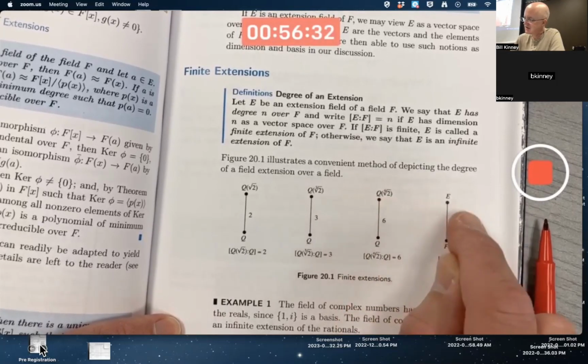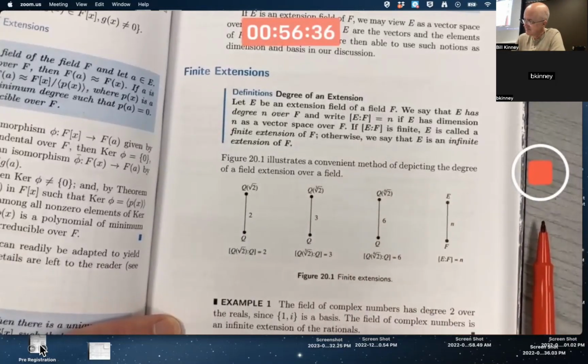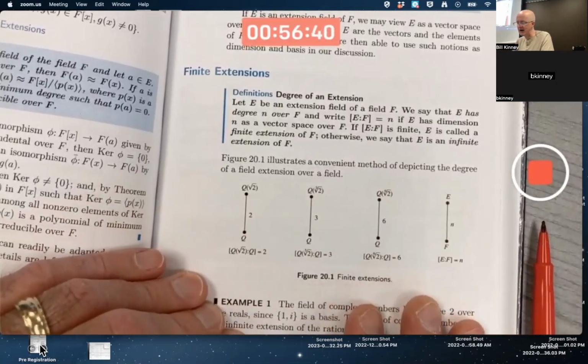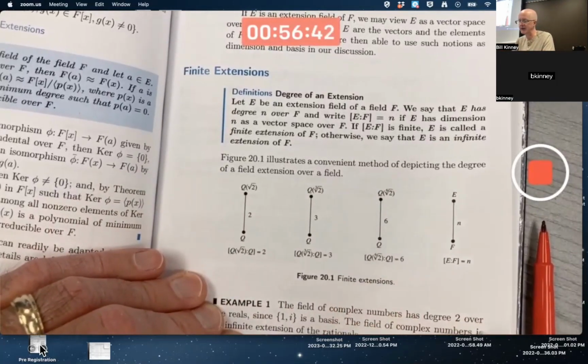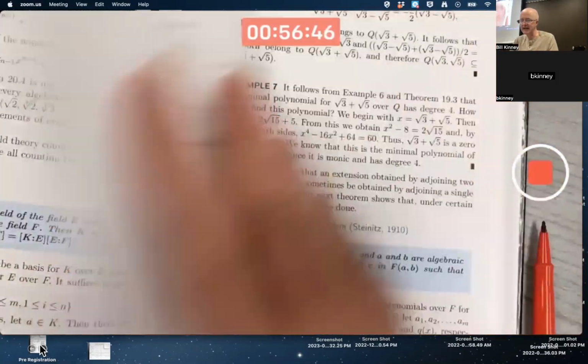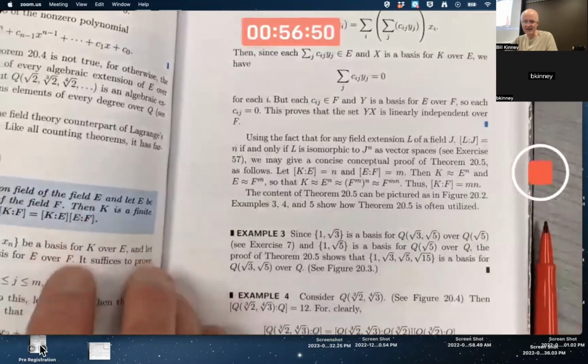In general, if E has degree n over F, you write that kind of picture with an n there. And these pictures, simple as they are, help you understand more complicated pictures, examples like example 4.